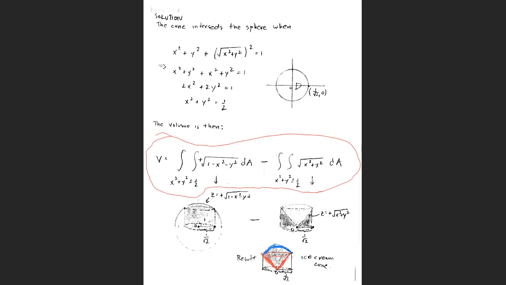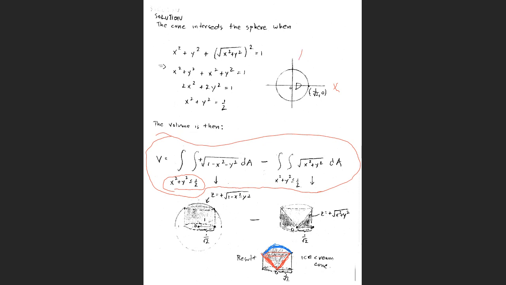Now the x squared plus y squared less than or equal to a half, this part here, is going to be my region in the xy plane.